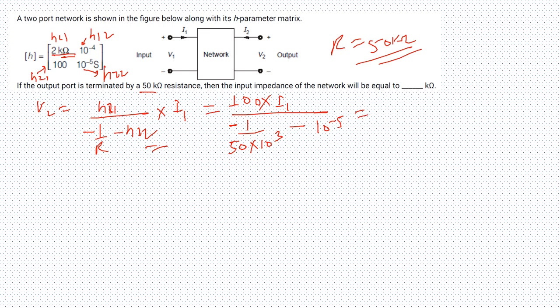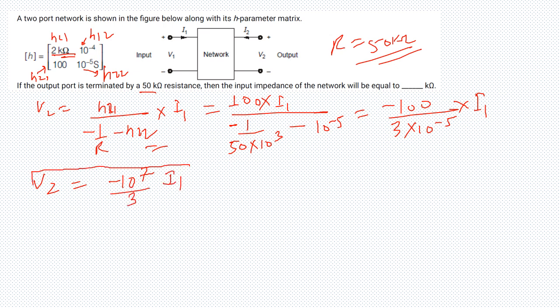If you calculate this, you will get minus 100 over 3 into 10 power minus 5, into I1. So V2 is equal to minus 10 power 7 over 3 I1.